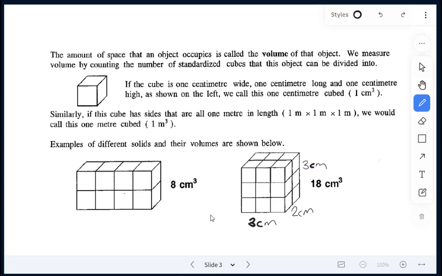And 3 times 2 is 6, 6 times 3 is 18, so we have 18 centimeters cubed. We could have done that here as well. It's 4 centimeters by 1 centimeter by 2 centimeters. 4 times 1 times 2, which gives us 8 centimeters cubed.